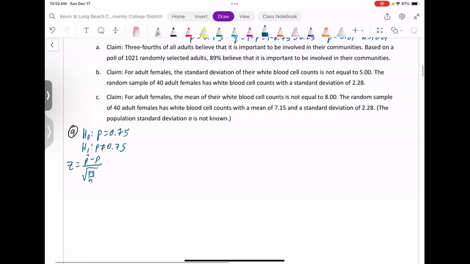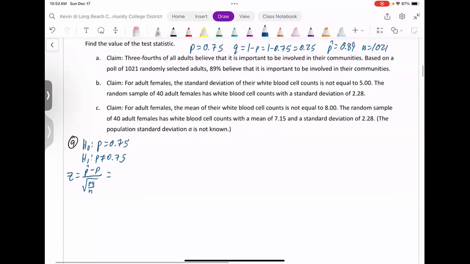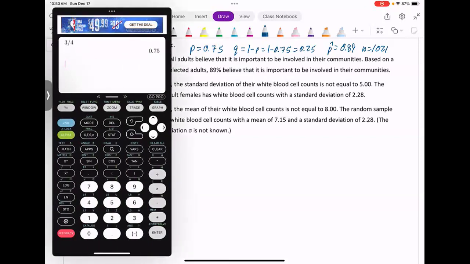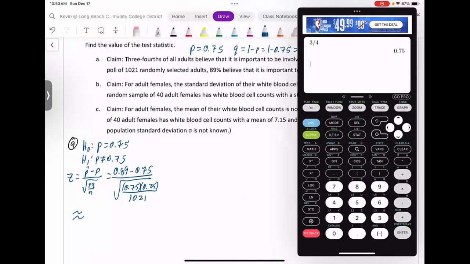So this gives us 0.89 minus 0.75 divided by the square root of... let's see what we get. 0.89 minus 0.75.